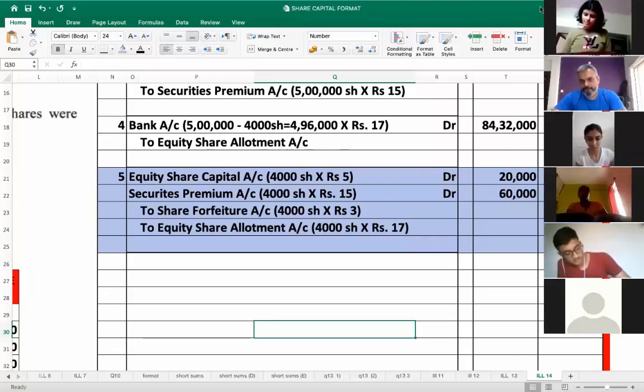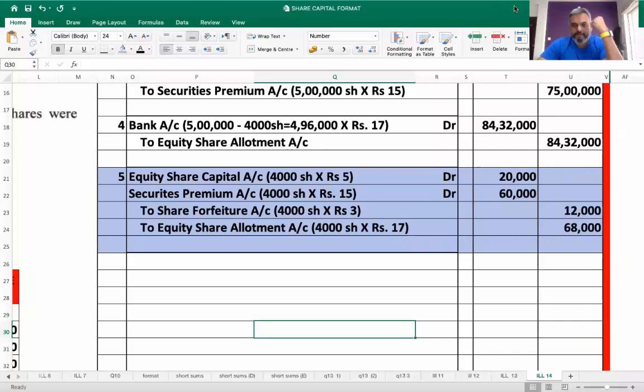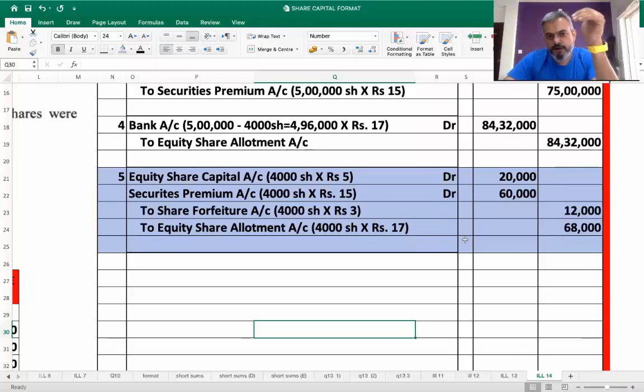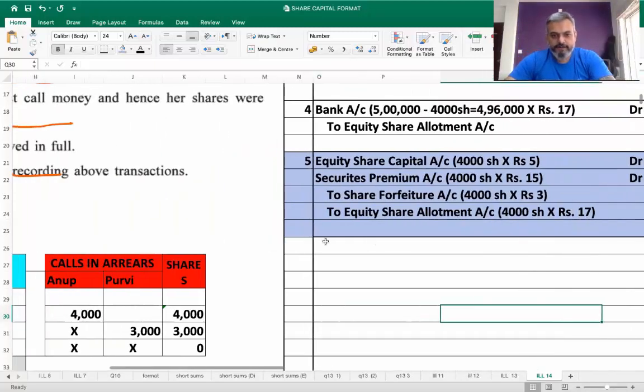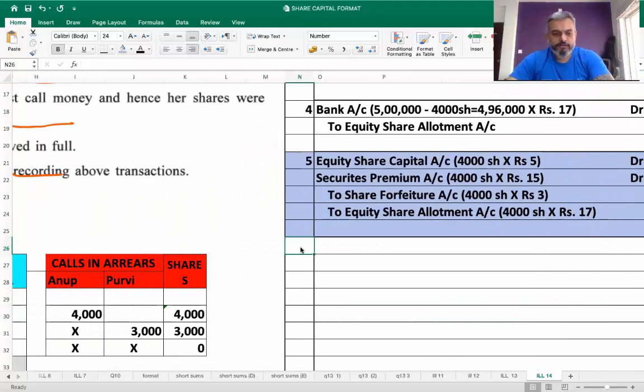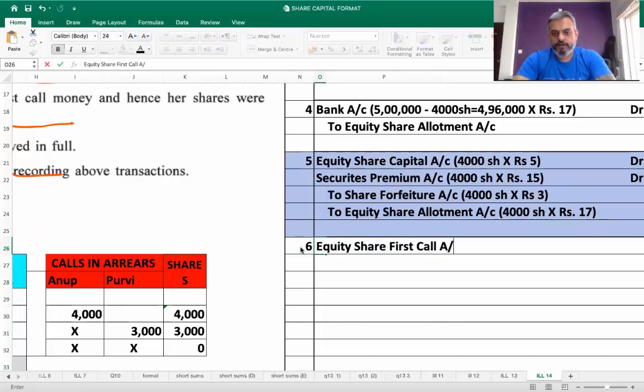Now we proceed further. Now, see, 5 lakh shares were there in the market. Out of those 5 lakh shares, we took back 4,000 shares. So now in the market, there are only 4,96,000 shares. So let's call the first call. Equity share first call account.